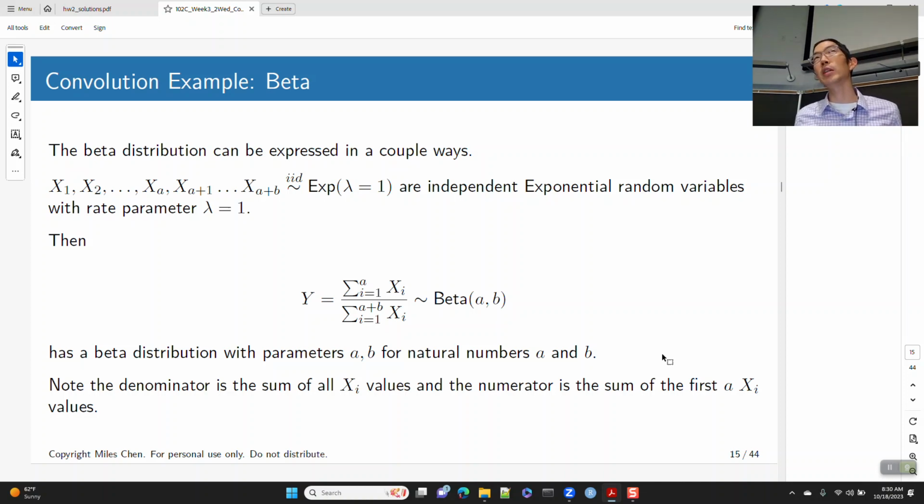It's some random number between 0 and 1. So we're going to generate a bunch of these exponential random variables with rate parameter 1. The beta distribution has shape parameters a and b, or alpha and beta, but we'll say a and b. And so we add a and b together, and we're going to generate that many independent exponential random variables.